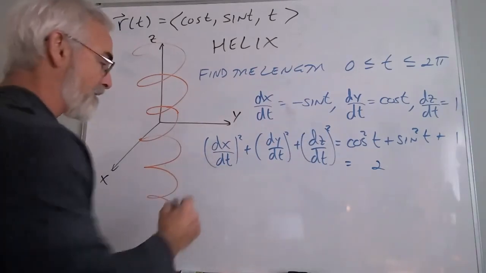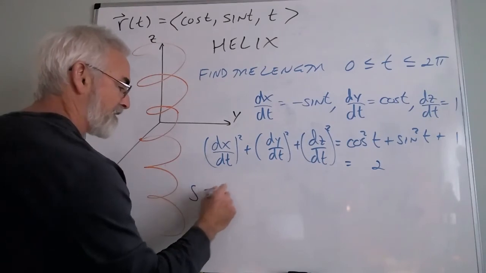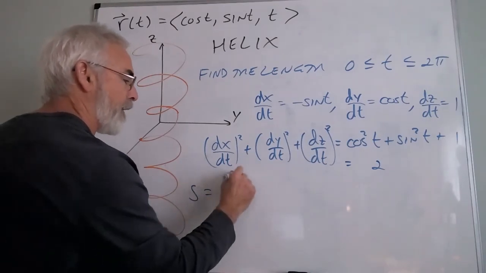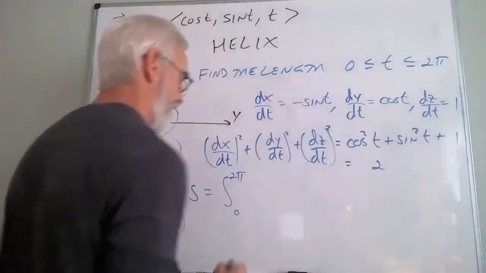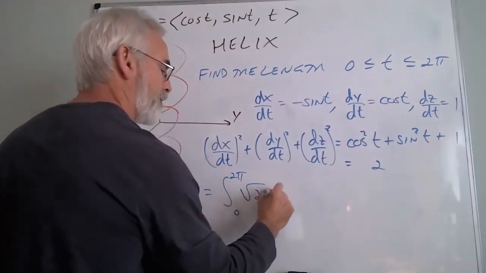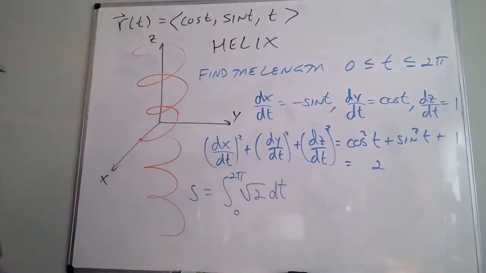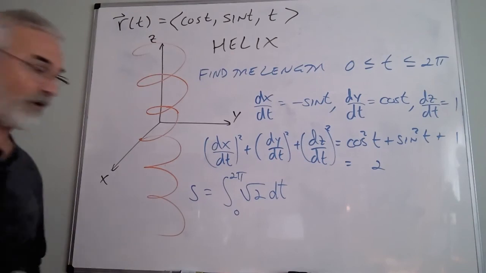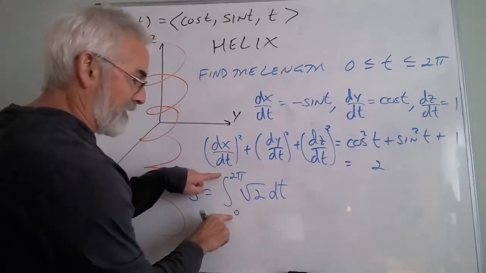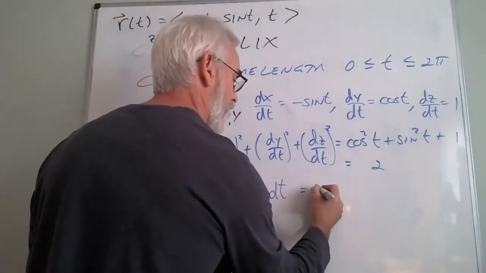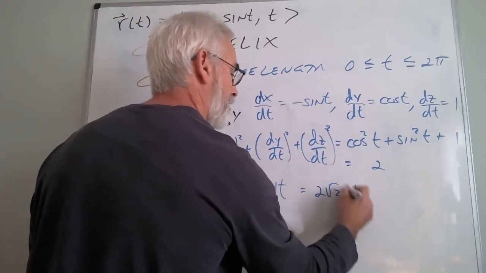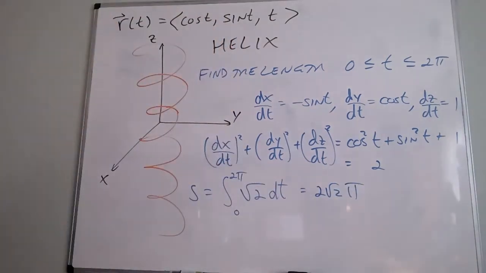I like that. So the arc length for this problem is the integral from 0 to 2 pi, because we set that up, of the square root of 2 dt. Now, as you know, when you integrate a constant, all you have to do is take the constant times the difference of the limits. So this would be 2 root 2 pi. Cool. That's it. That's all I had to do to find the length of this curve.